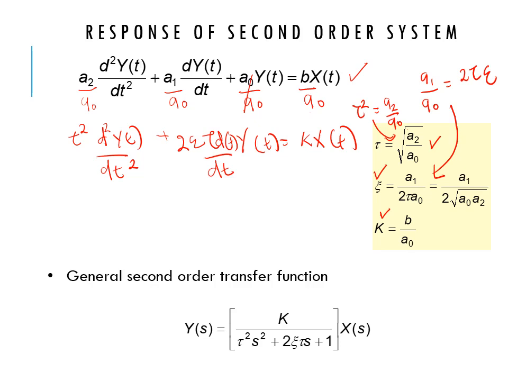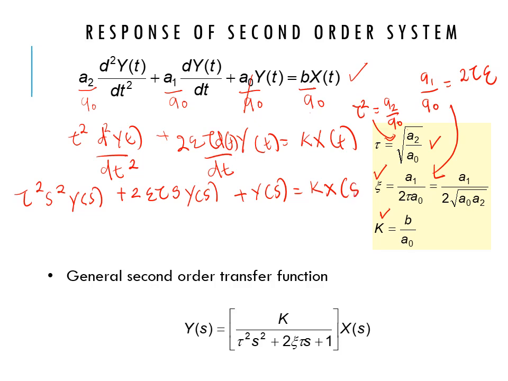With the Laplace transform, you will get tau squared s square Y(s) plus 2 lambda tau s Y(s) plus Y(s) equals K X(s).